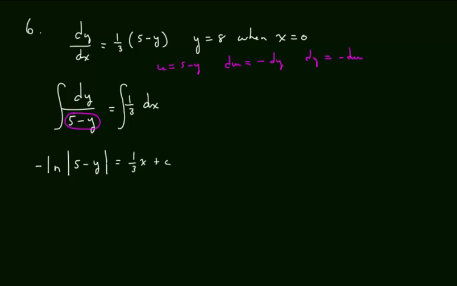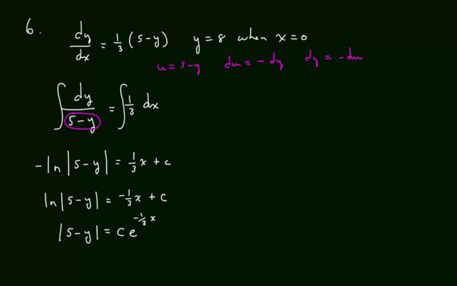The first thing I want to do here is get rid of that negative, so I'll multiply or divide both sides by negative 1. When I do that, I get negative 1/3 x, and I can keep it plus c. Now when I exponentiate, absolute value of 5 minus y equals c e to the negative 1/3 x.